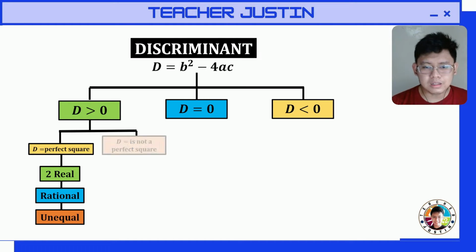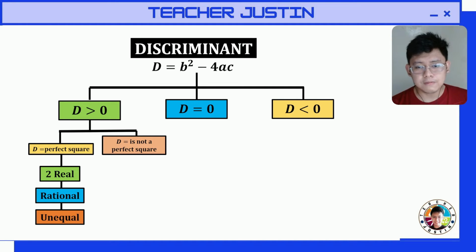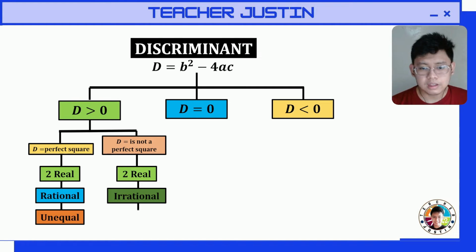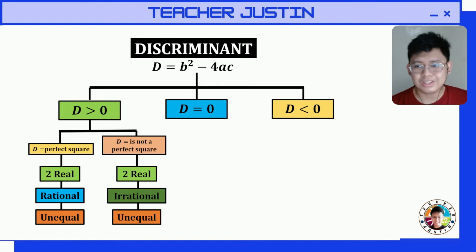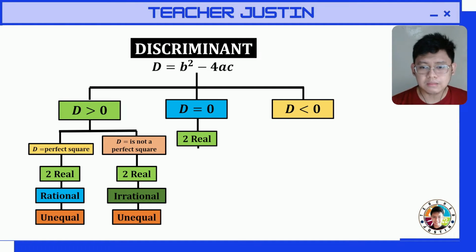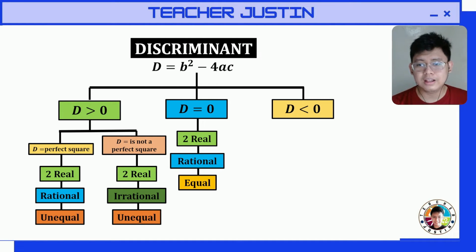Pag hindi naman perfect square ang ating discriminant na positive, we are expecting to have two real, irrational, unequal roots. If our discriminant is equal to 0, we are expecting to have two real, rational, and equal roots. Yan yung ina-expect nating nature ng ating roots.